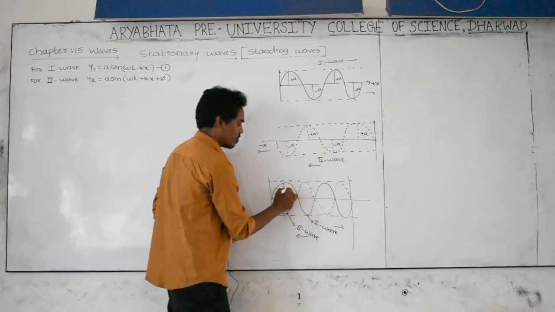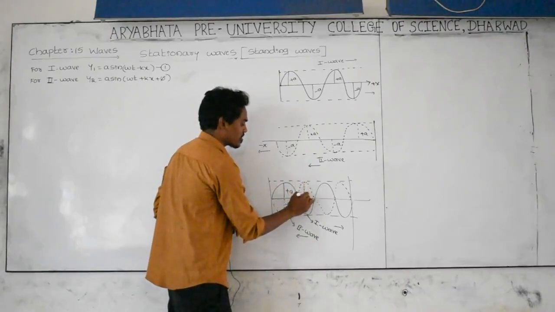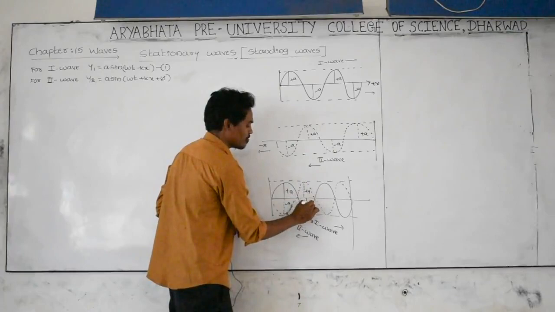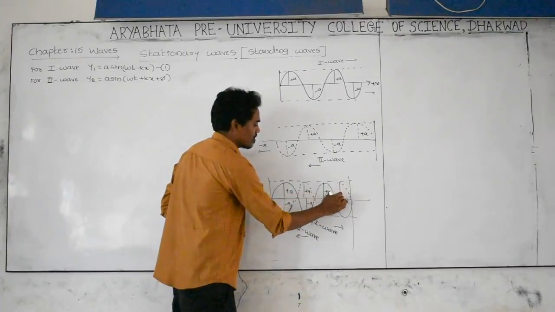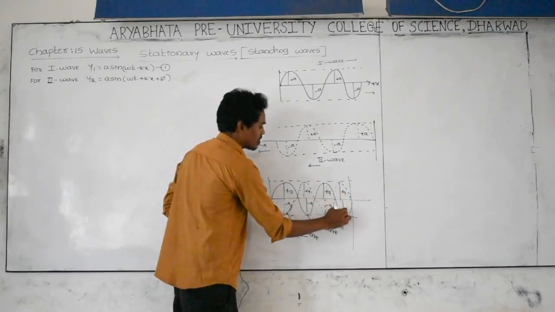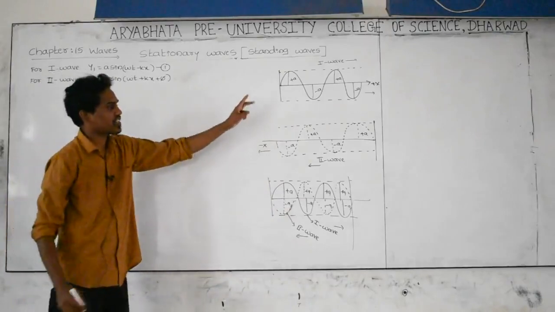This is plus a amplitude and the second wave's amplitude is minus a. This is plus a, this is minus a, this is plus a, and this is minus a. This is the first wave and the second wave, and they merged.